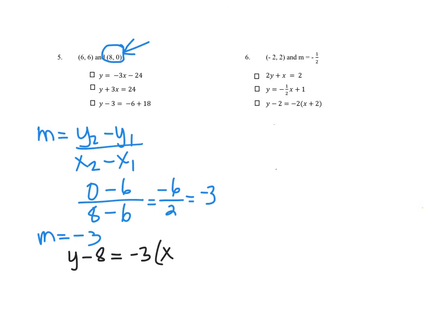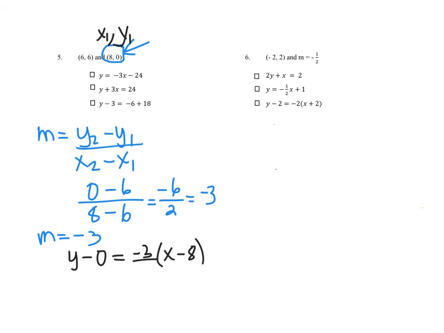Oops, I'm sorry, I did that wrong. Let me back up. I have to make sure that I use x1, y1 here. So I'm going to say y minus 0 equals negative 3 over 1, which I don't need to write, times x minus 8.